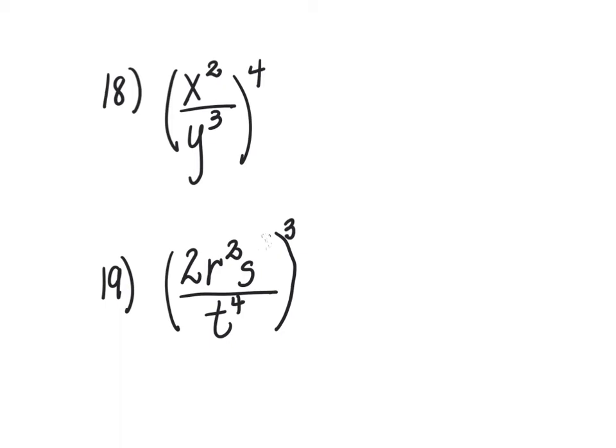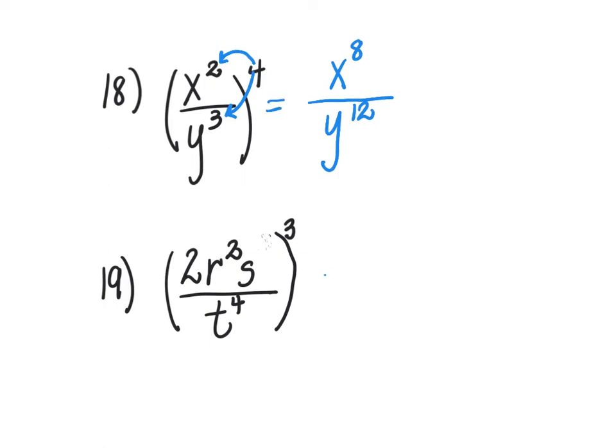So even though this is a fraction, this outside power still goes to the inside powers. So I'm going to keep that base of x in the numerator. 2 times 4 is 8. Keep the base of y in the denominator. 3 times 4 is 12. So it's x to the 8th over y to the 12th.